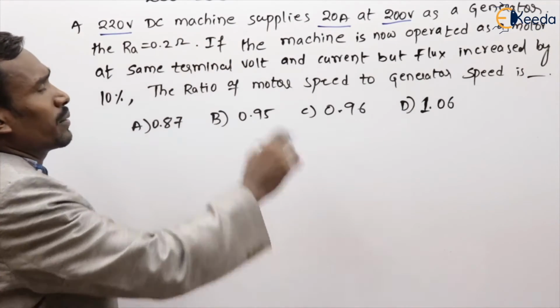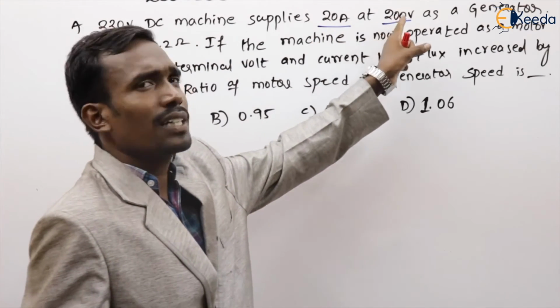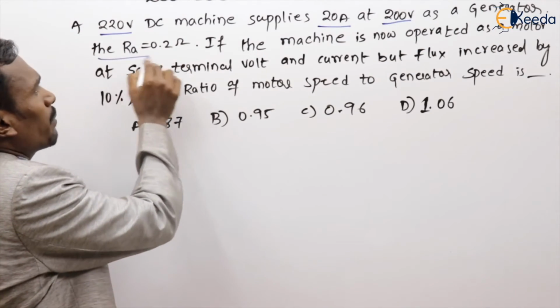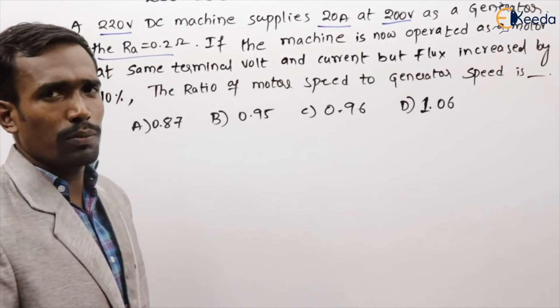A 220 volts DC machine supplies 20 amperes at 200 volts as a generator. Armature resistance is 0.2 ohms.